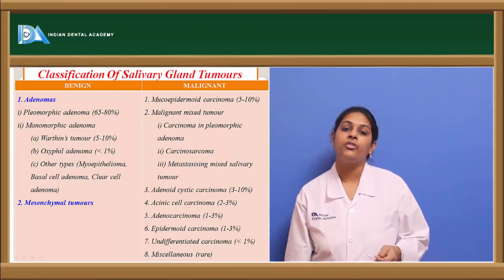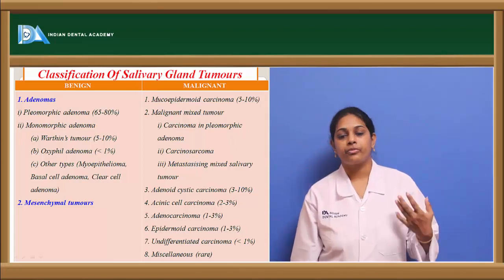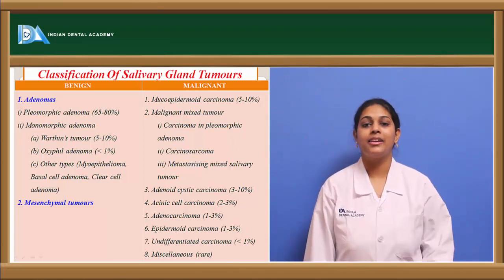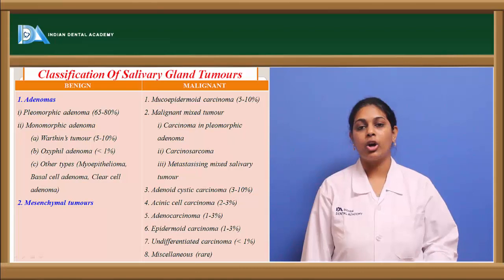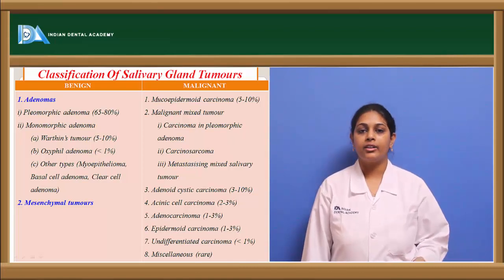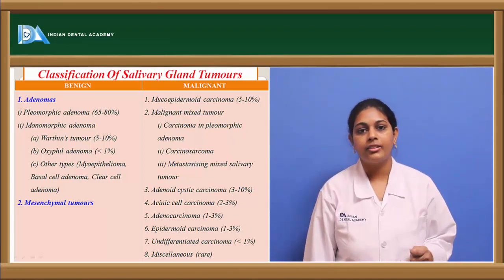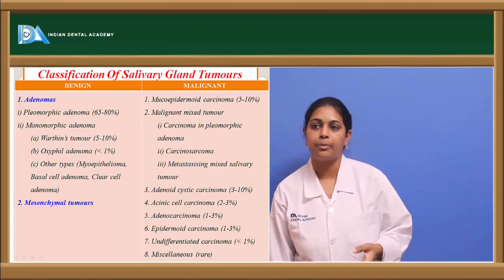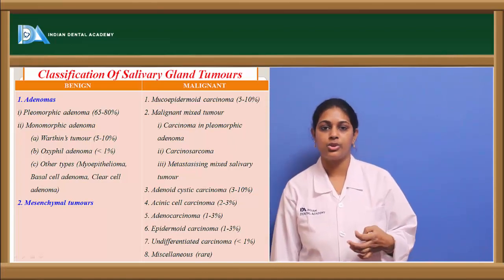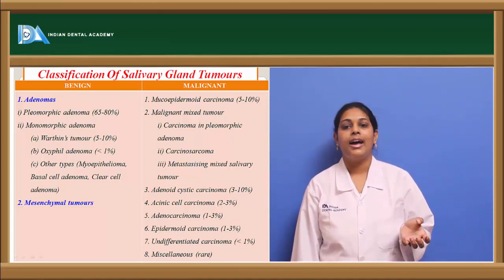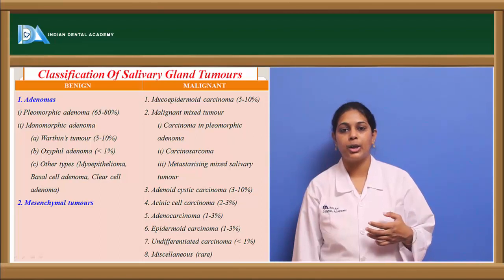Since pleomorphic adenoma has an increased recurrence rate, it might also turn into a malignant tumor, and in such conditions it is known as carcinoma ex pleomorphic adenoma. The other mixed malignant tumors are carcinosarcoma, which is very rare, and metastasizing mixed salivary gland tumors.